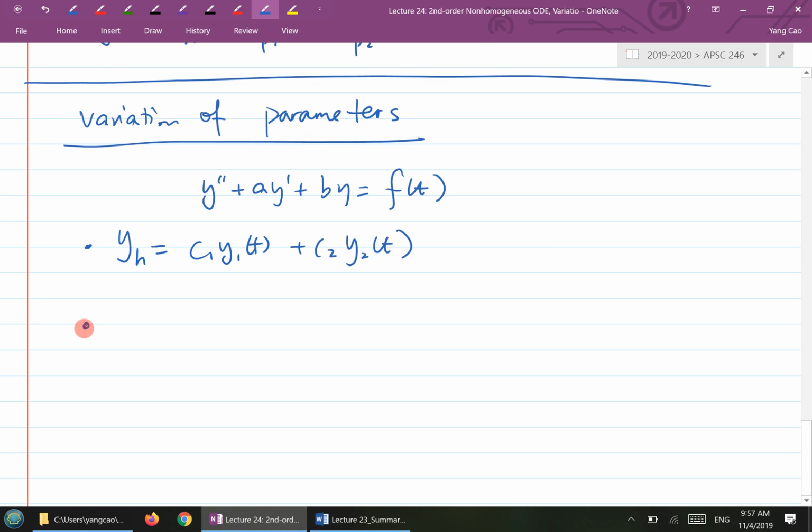It's the same type of roots, the same approach. Second step, this is where things are different now. For the particular solution yp, instead of picking yp from the table, we're going to let yp be M1 of t times y1 of t plus M2 of t times y2 of t.